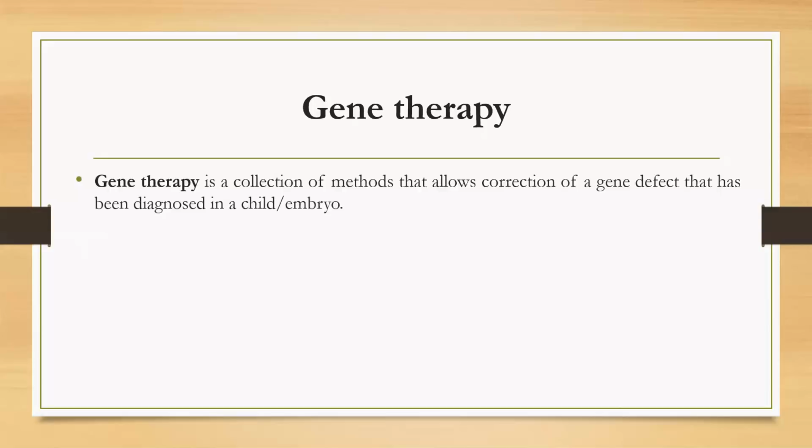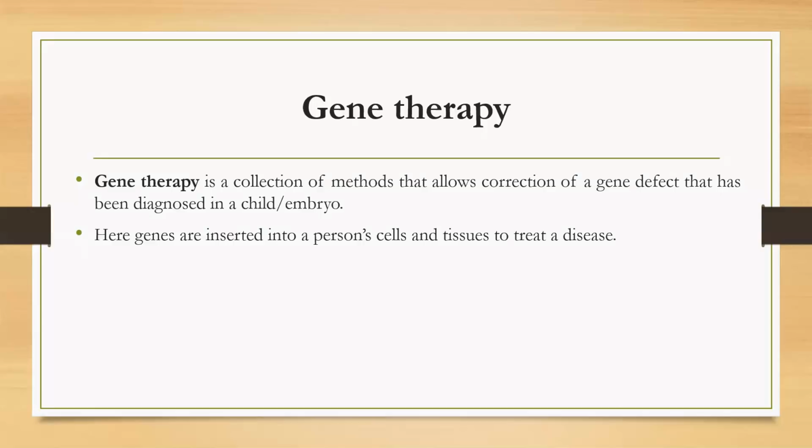So gene defect is corrected in this gene therapy technology. So in other words, gene therapy is nothing but the replacement of malfunctioning genes by healthy, normal, functional gene to cure the gene disorder. So this is another simple definition.